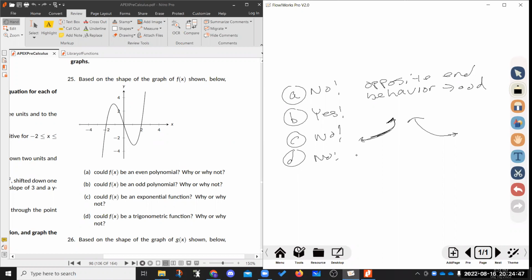So I'm going to say no, that it appears to be unbounded, and not related to tangent, secant, or cosecant. That would be unbounded reciprocal functions, cotangent. So it's theoretically possible, but I don't think so.